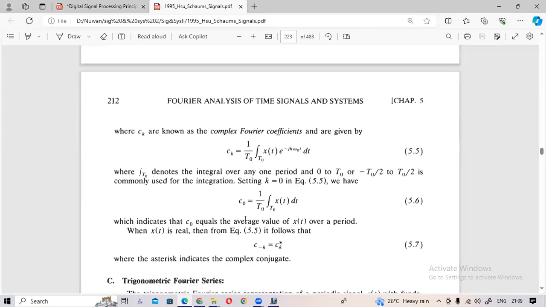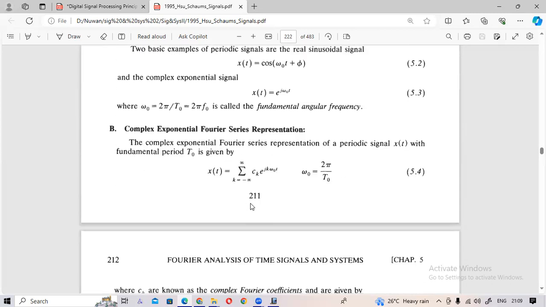When you try to find the zeroth component, this is C0, the zeroth Fourier coefficient, that means K is equal to 0. Here you can see that when K is equal to 0, e to the power 0 will be 1, and only the coefficient CK is there. That CK can be complex or a real number.